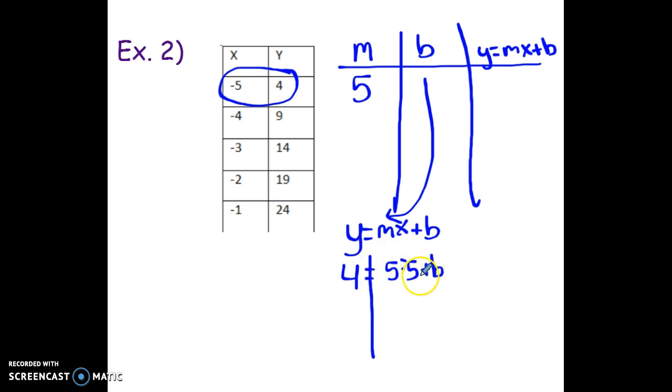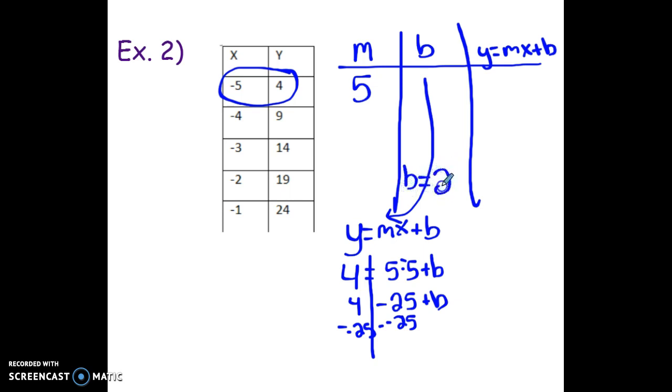And remember, this ends up being a -21, -25. I'm giving the answer away. And our inverse operation is to subtract a -25, which is the same thing as adding 25. So you should have ended up with a y-intercept of 29.